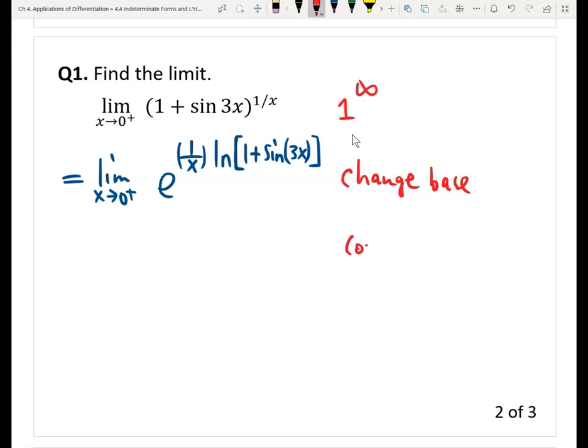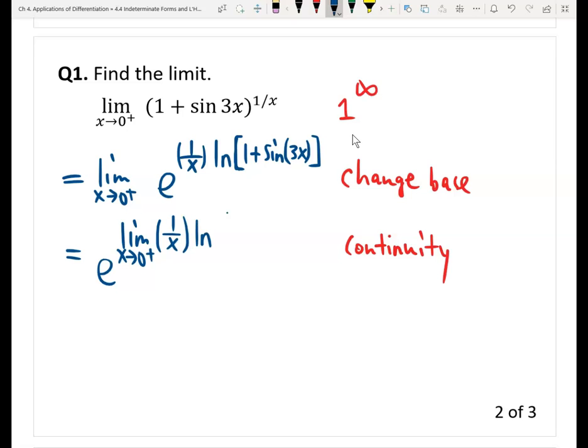Then the limit can go to the power. So what do we get? We get e raised to the limit, of 1 over x times ln of the parenthesis 1 plus sine 3x.